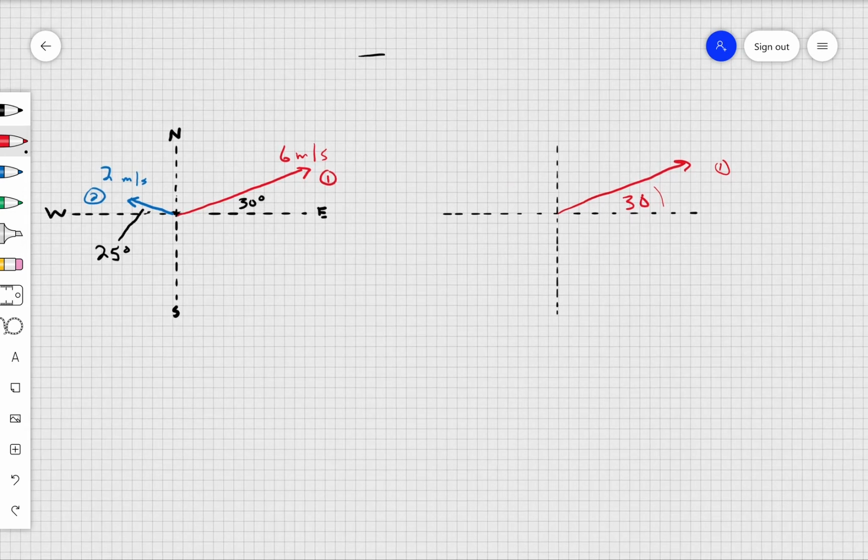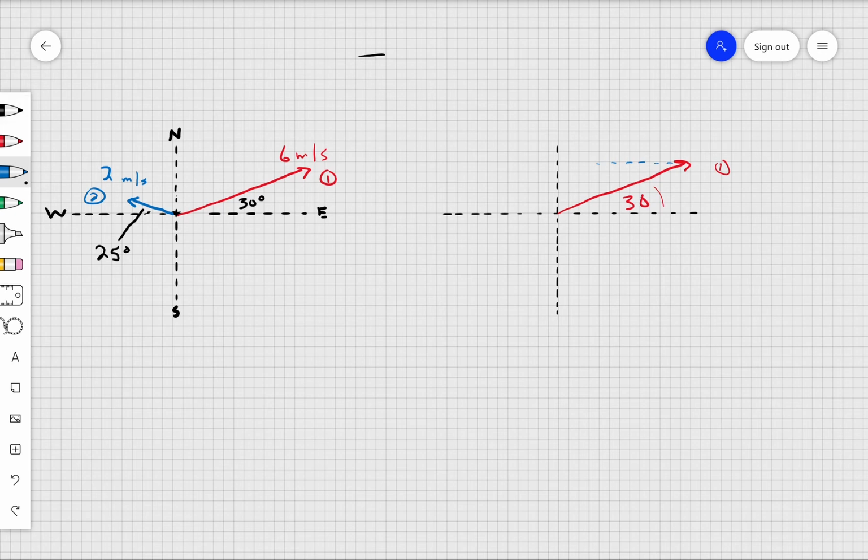Now I'll go back to the head to tail method. I'll take vector 2 and imagine copying it, and it's 25 degrees above the west. Well, this horizontal line represents the westerly direction.